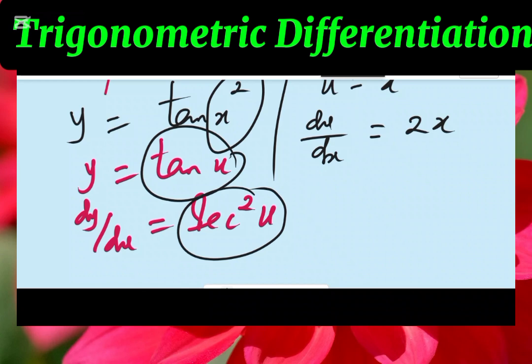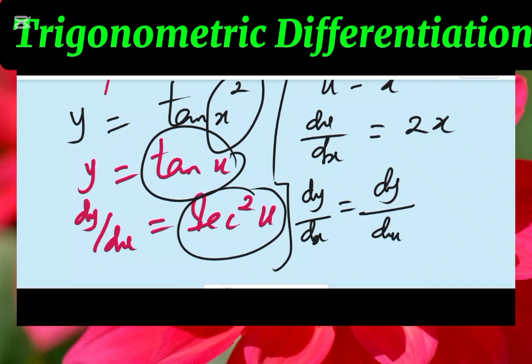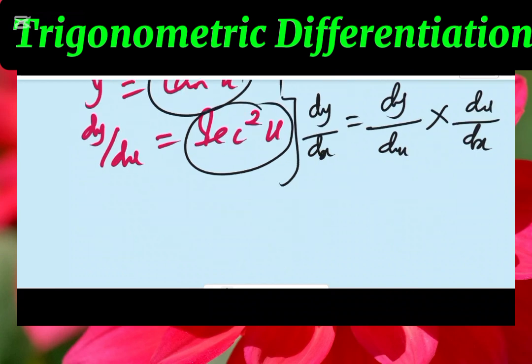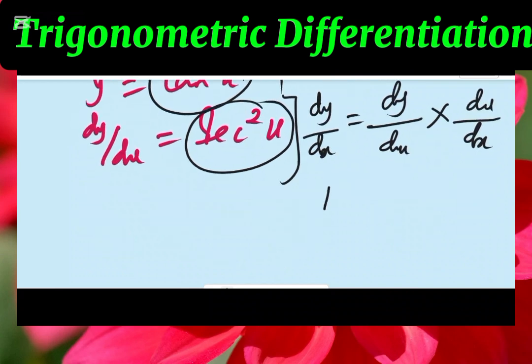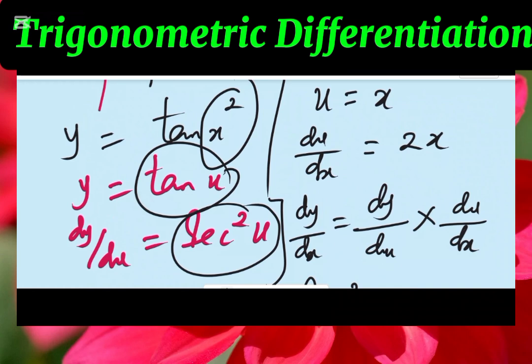So having known that this is done using chain rule, dy dx is equal to dy du times du dx. We got dy du as sec square u and du dx as 2x.